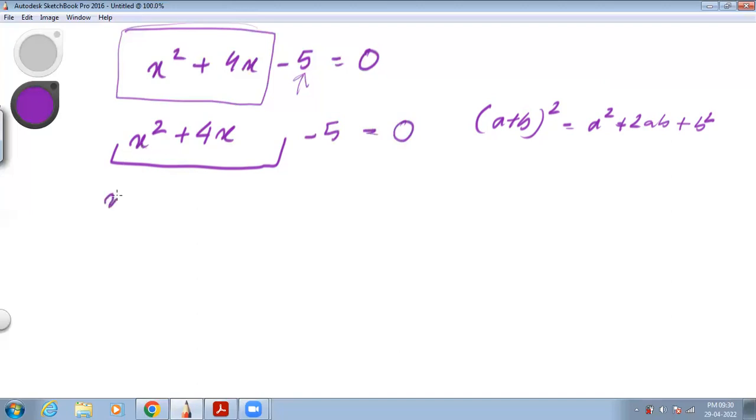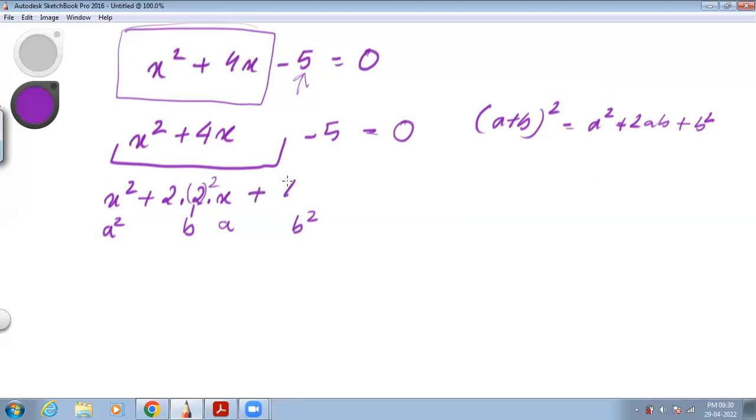Now this one I can write it as x square plus 2 into 2 into x. So this is a, this is b, and this is a square, right? So b square must be this 2 square, isn't it?